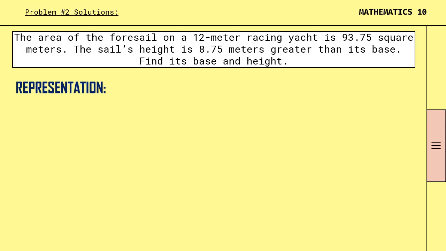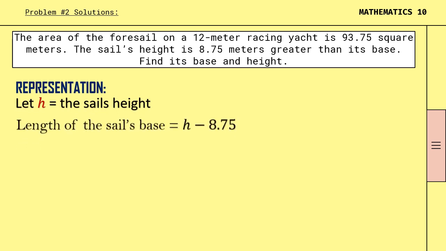Of course, we are going to start once again with a representation. We have here h equal to the sail's height, and the length of the sail's base is equal to h minus 8.75. This is just a reverse translation of the statement: the sail's height is 8.75 meters greater than its base.